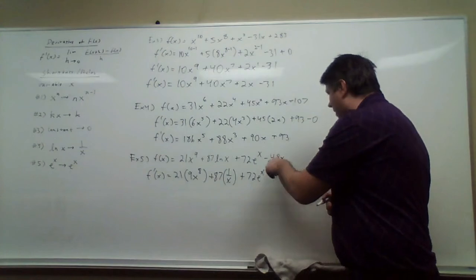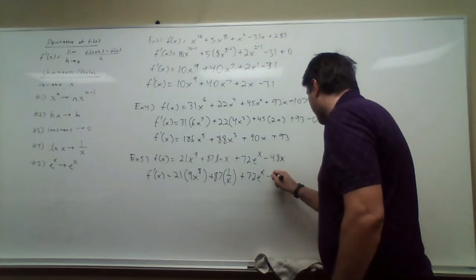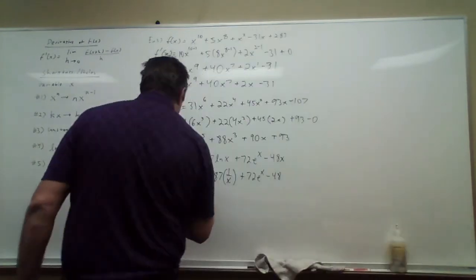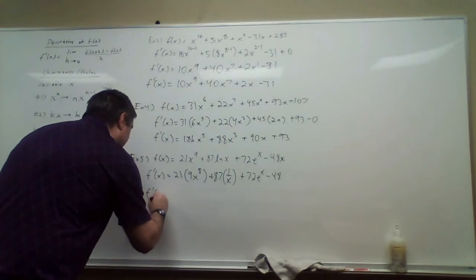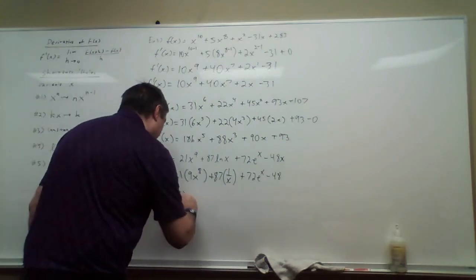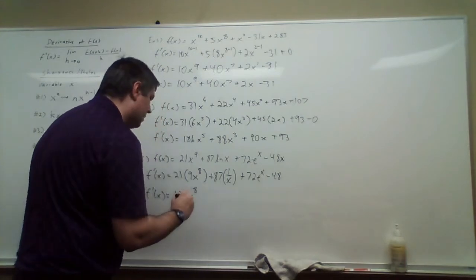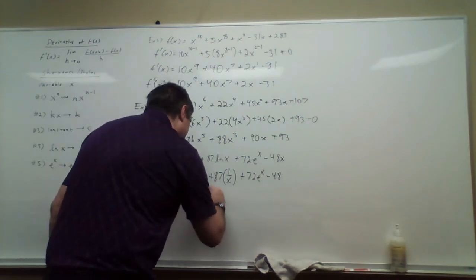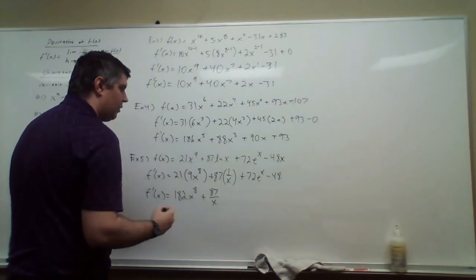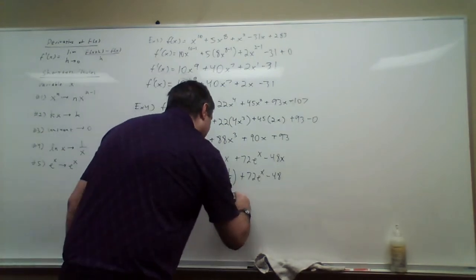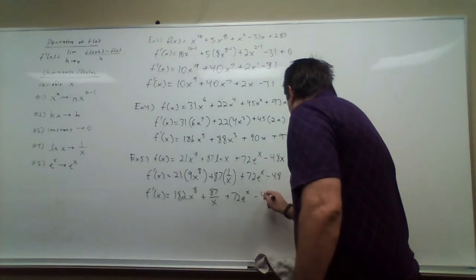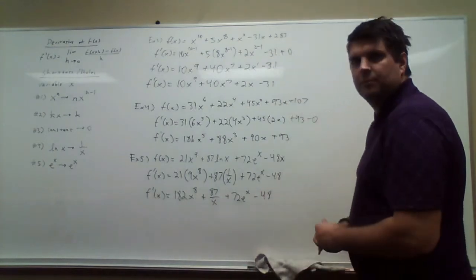And the derivative of minus 48 times x is just minus 48. Okay, so simplified, f prime of x will equal 182 x to the 8th plus 87 over x, because 87 times 1 is just 87, put it over the x, plus 72 e to the x minus 48. Okay?